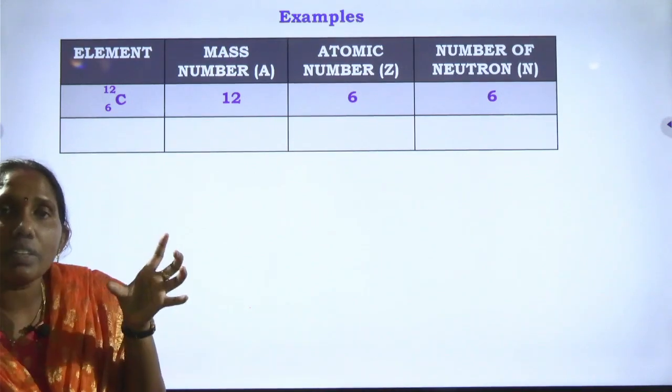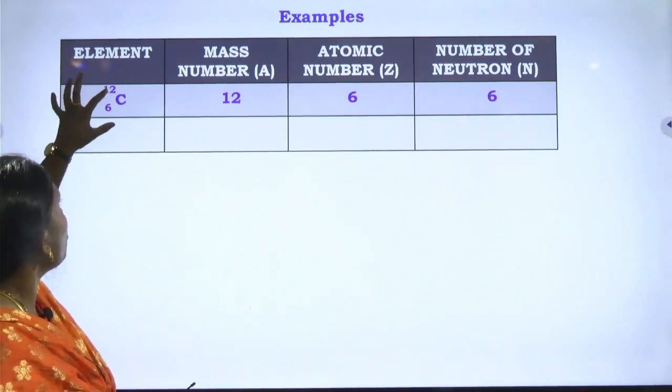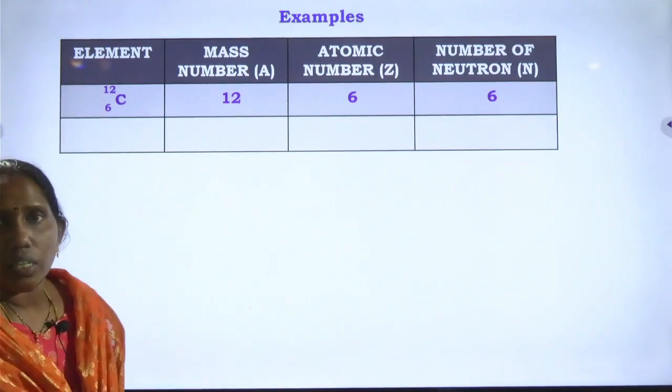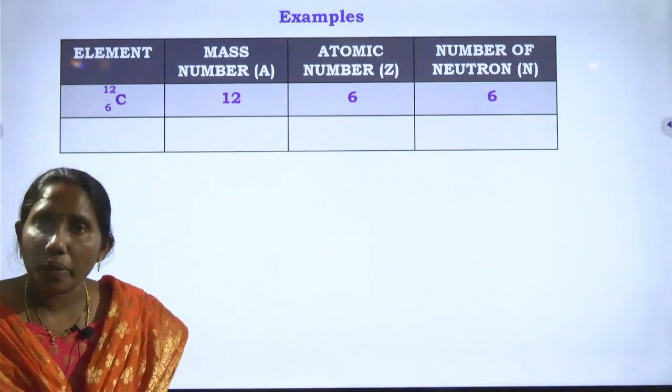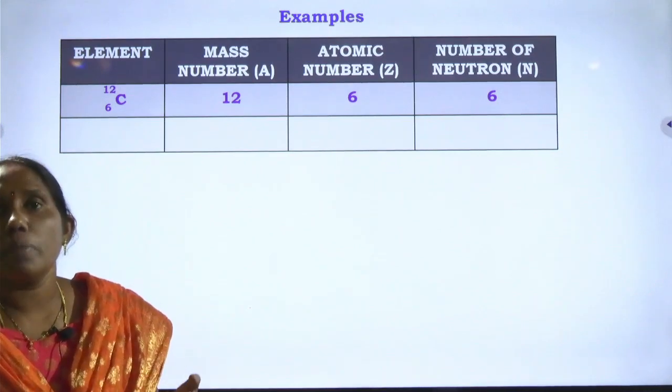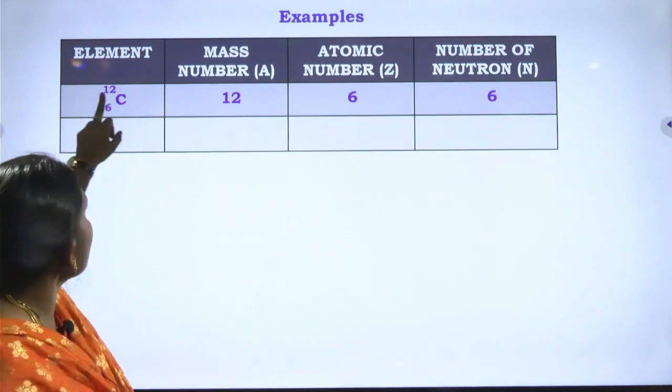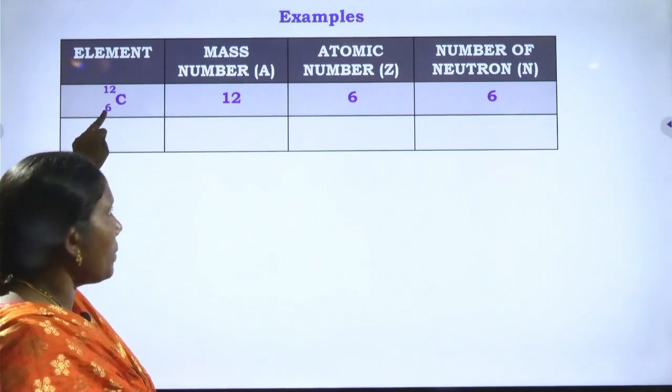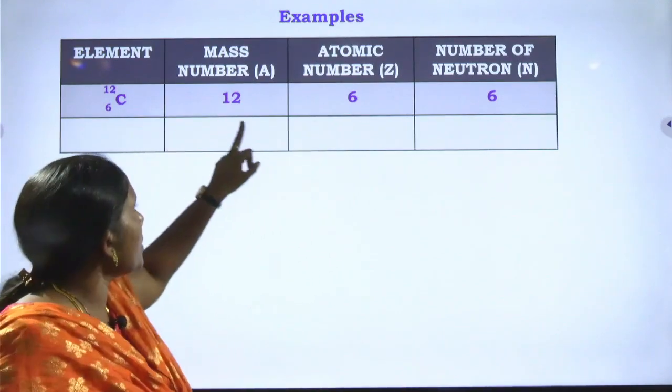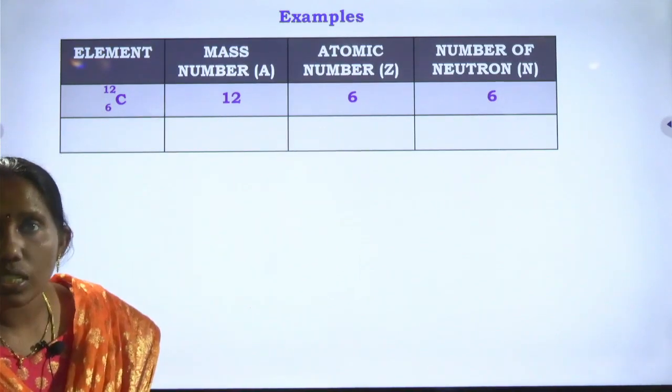We want the number of neutrons only, so mass number minus atomic number gives the number of neutrons. Mass number is 12, atomic number is 6, so the number of neutrons is 12 minus 6, equal to 6.